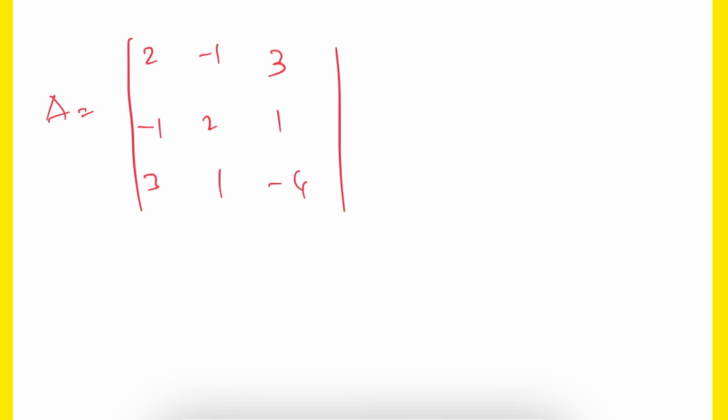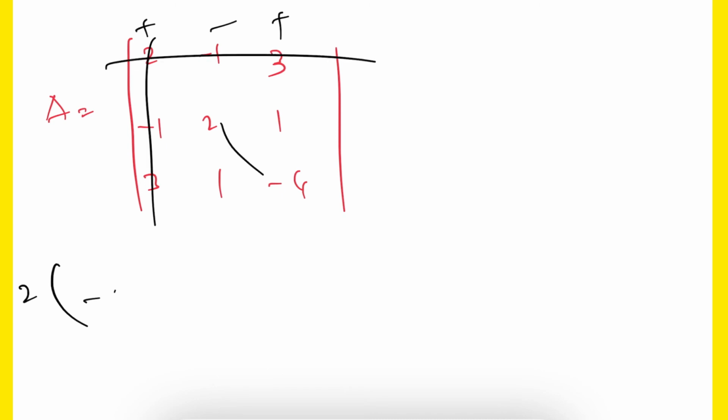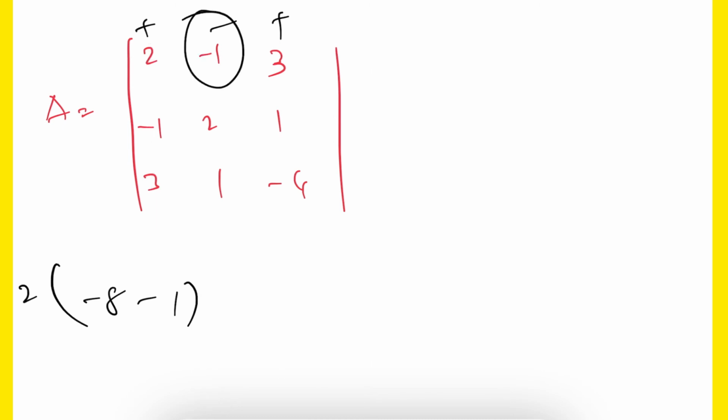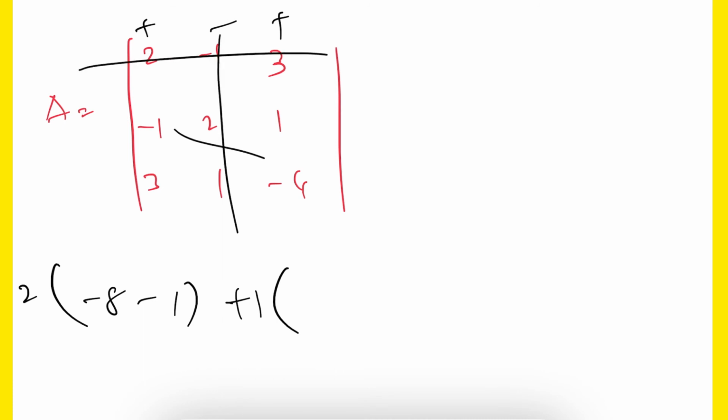Now if you find out the determinant, the signs will be plus minus plus. So 2 times 2 into minus 4 minus 8, minus 1 ones are 1. Then comes the second element, minus into minus 1 plus 1, into that row and that column if we remove, minus 1 into minus 4 plus 4 minus 3 ones are 3.